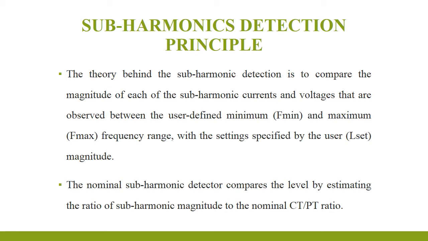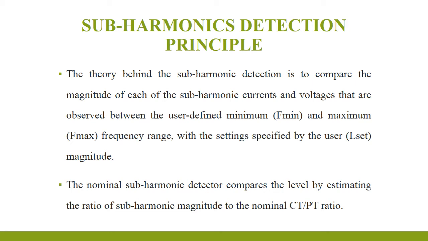Subharmonics detection principle. The theory behind the subharmonic detection is to compare the magnitude of each of the subharmonic currents and voltages that are observed between the user-defined minimum and maximum frequency range with the magnitude settings specified by the user.